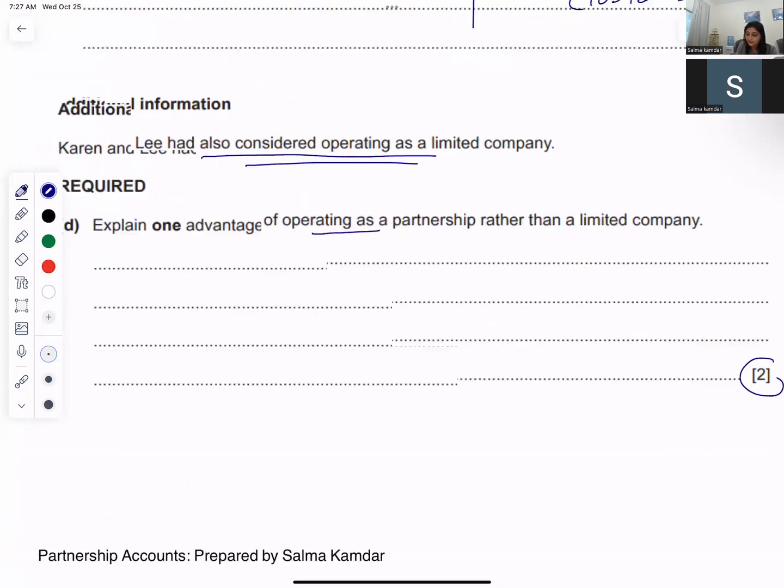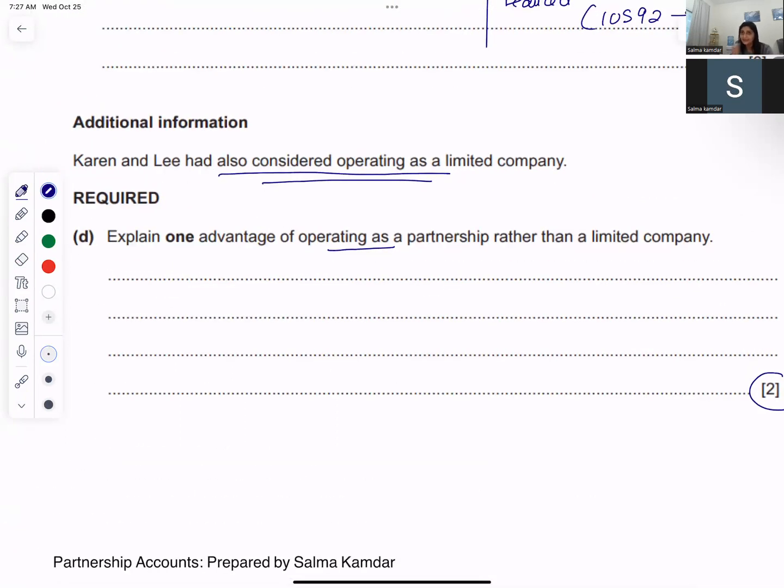I could say that a partnership has fewer legal requirements.